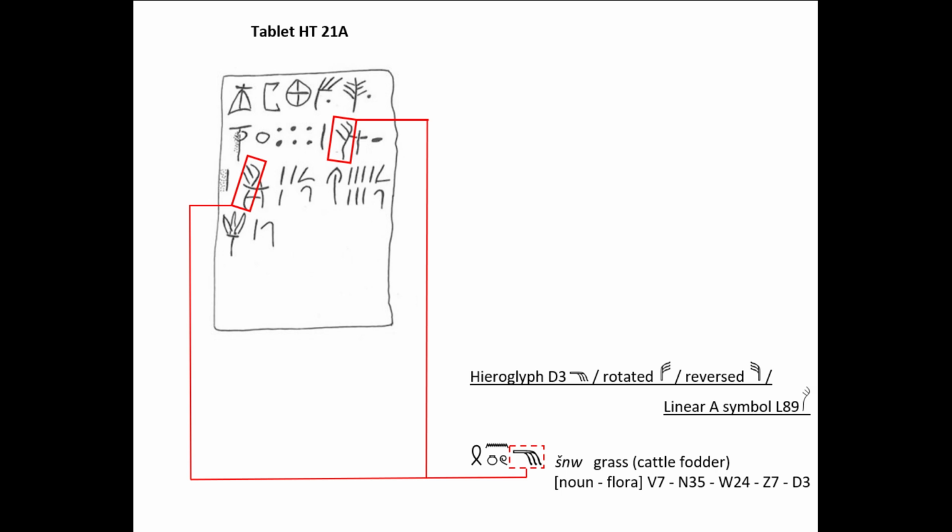So the second and third categories recorded on this tablet both start with the same symbol. It's linear A symbol L89, which is a rotated and reversed version of hieroglyph D3, which we briefly spoke about earlier. Here, it is used to represent the final hieroglyph in the word shenu, meaning grass or cattle fodder.